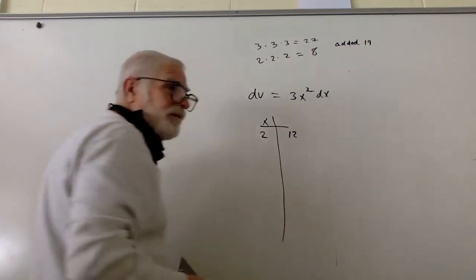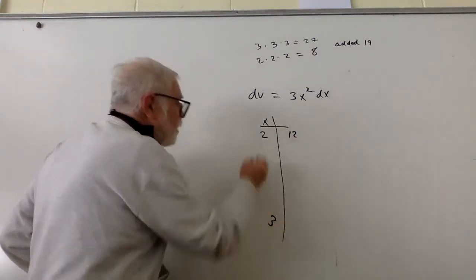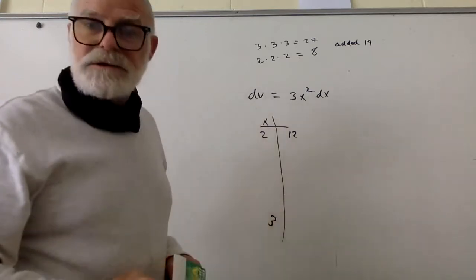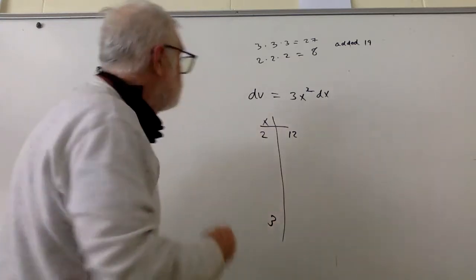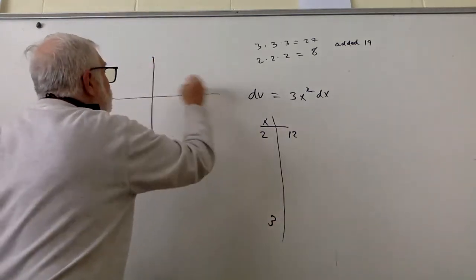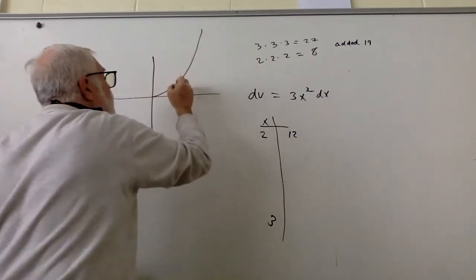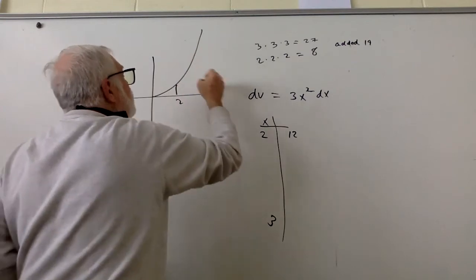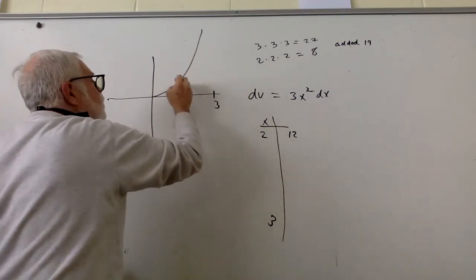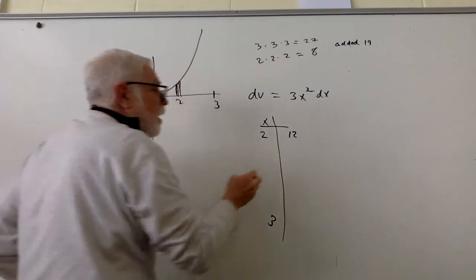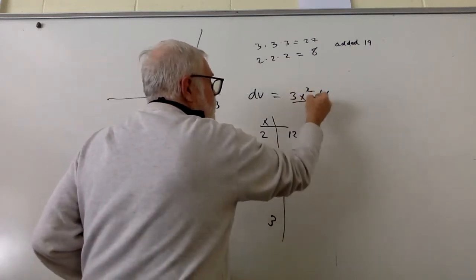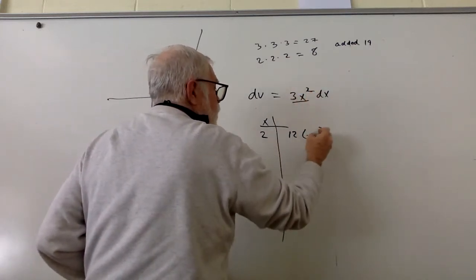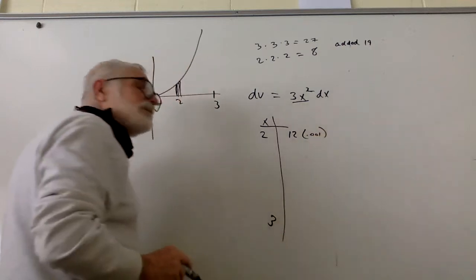If I did 1,000 of them, then from here to here, I got 1,000 rectangles. 3x squared. From 2, I'll build it up further. I'll make it 3 here. Right? And what I'm doing is I'm doing 1,000 of these, 3x squared times 0.001. And what's that going to give me?